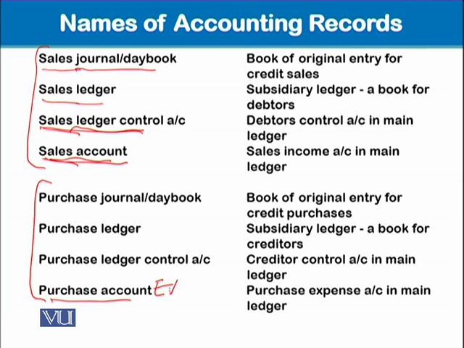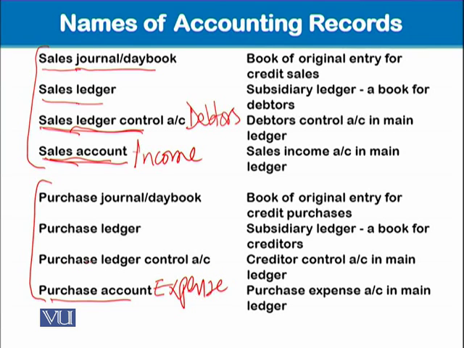This purchase account and this sales account are in fact the same old sales account and purchase account. It is the sales income account and it is the purchase expense account. This sales ledger control account is in fact the same debtors account, the same old debtors account.